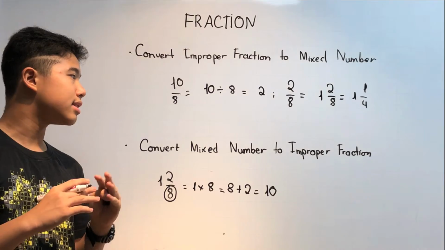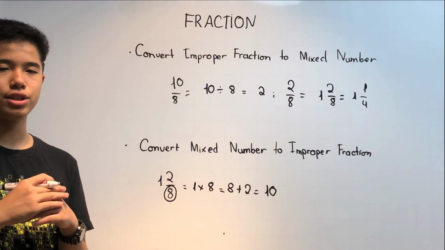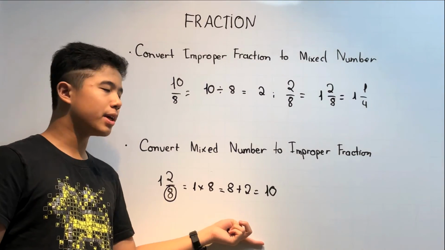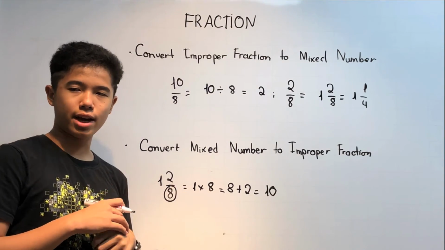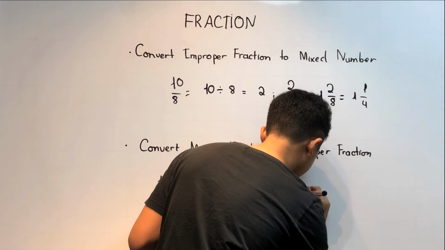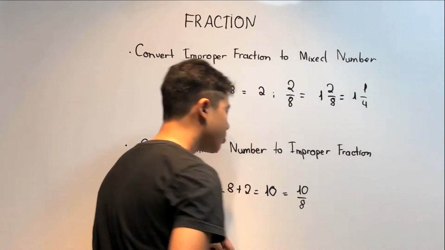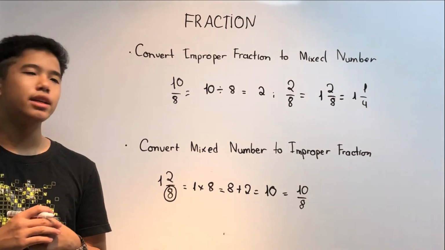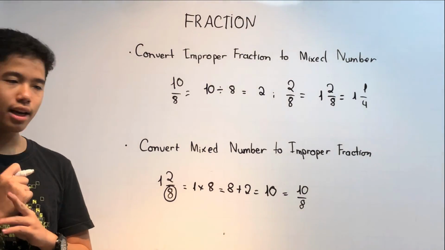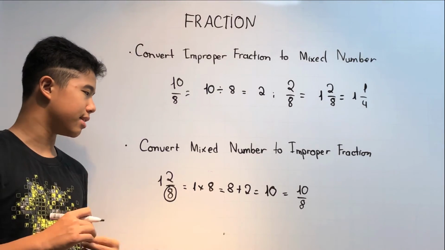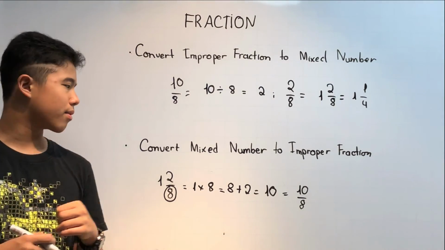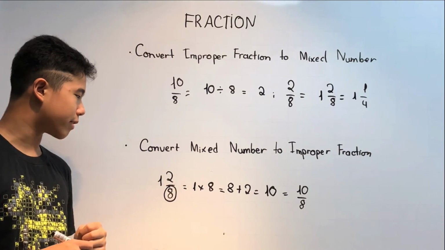Always remember that we should not touch the denominator, because we keep it and it will be in our final answer. So the final answer is 10/8, which means 10 is the numerator and 8 is the denominator, which means 10 divided by 8. So you know the rules of converting a mixed number to an improper fraction.